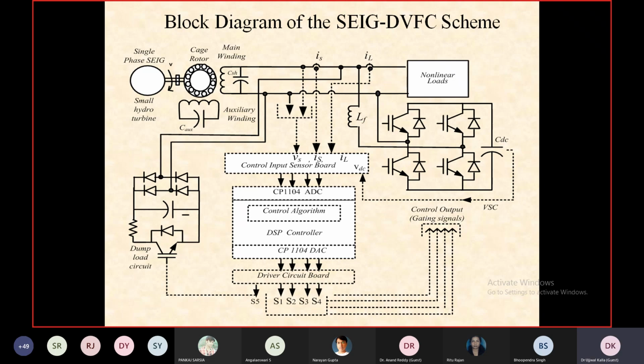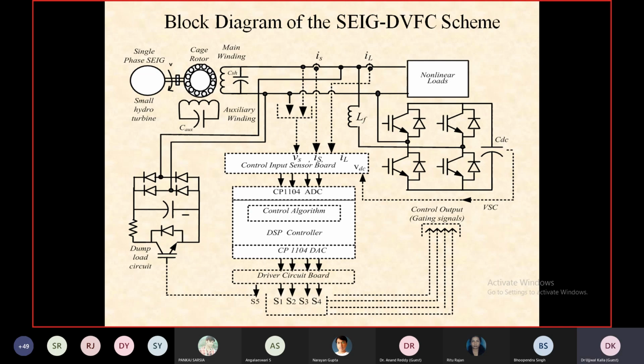Whenever there is a difference in the shape of the load current and load voltage in any system, it confirms that load is nonlinear. And all the nonlinear loads inject a large amount of harmonics into the system.